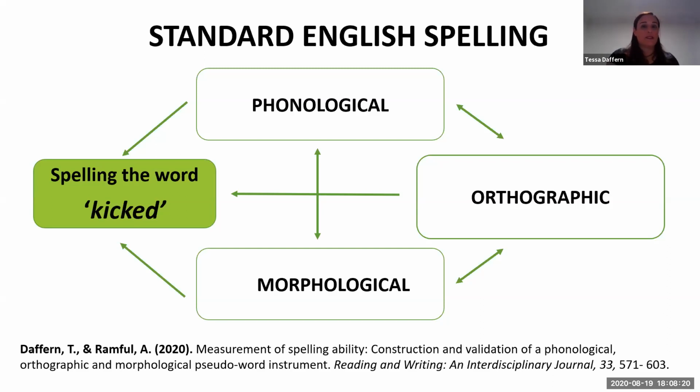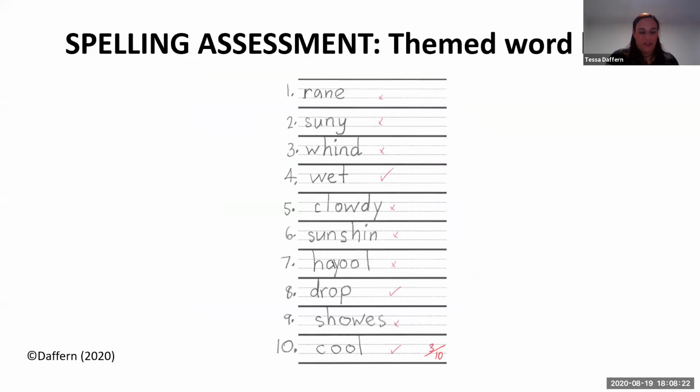So, in terms of spelling assessment, the system or method that is used really should capture these sorts of linguistic processes that underpin the English language spelling system. But the problem is, and I'm sure that you can relate to this, that many schools are using assessment methods that don't really provide sufficient diagnostic information.